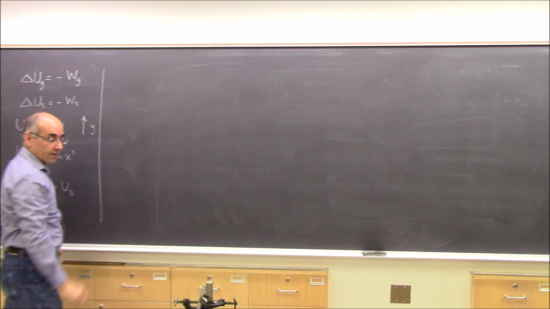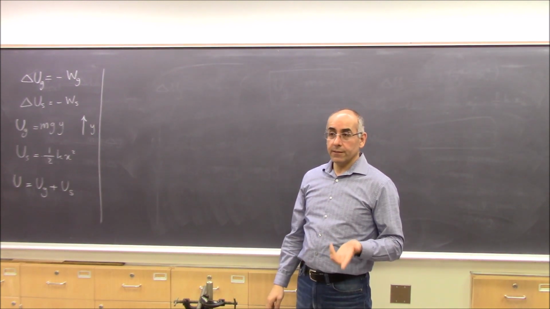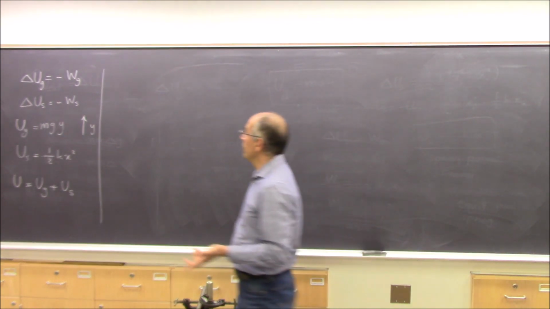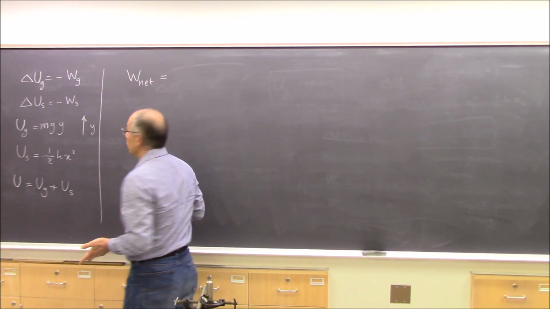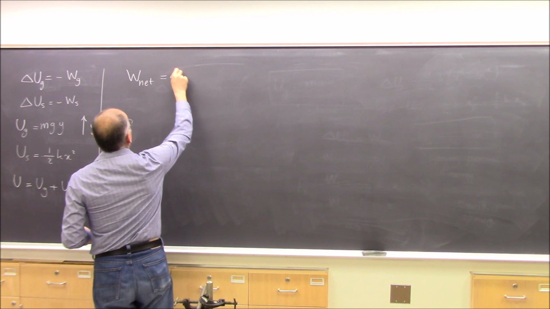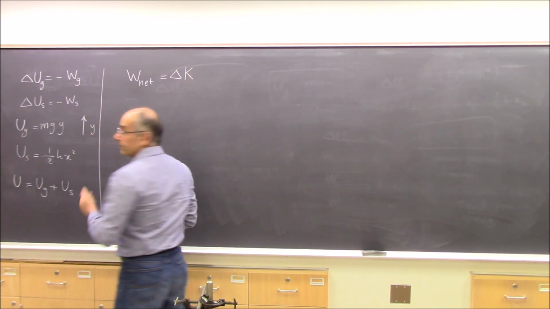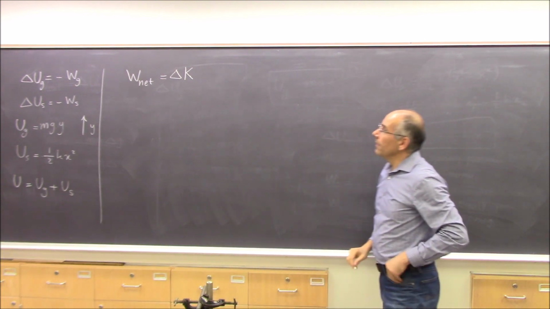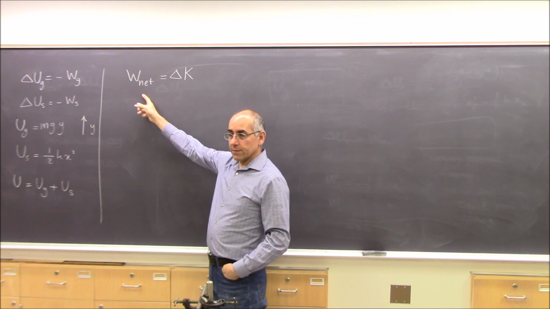All right. Now, I want to go back to the work energy theorem. We said that the net work on an object is equal to the change of its kinetic energy, delta K, which is K final minus K initial, right? But this net work is the net work done by all the forces.